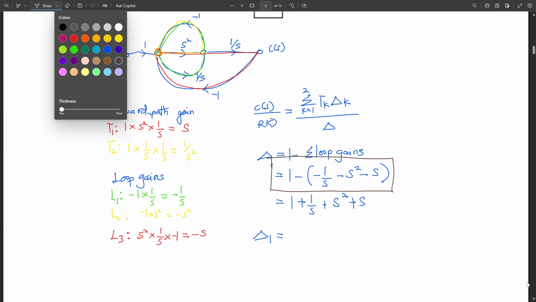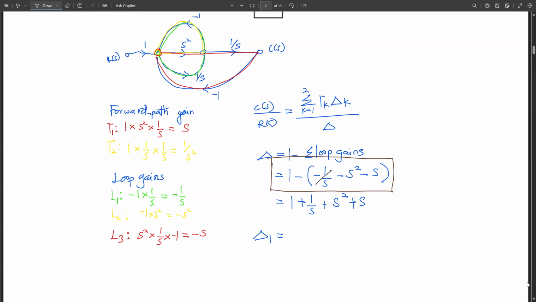If we take the green loop gain from this one, the green loop gain is 1 over S, so you can just take this one to 0. You can also see that the yellow loop shares a common node with the first forward path, so we take the gain out.